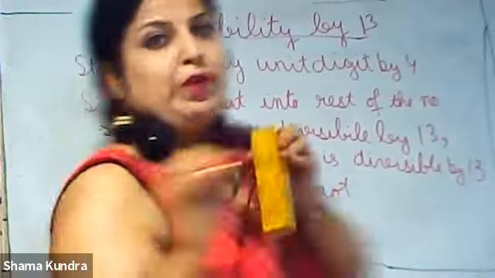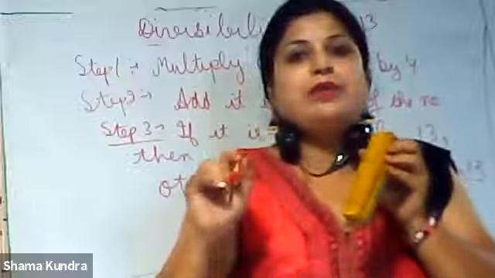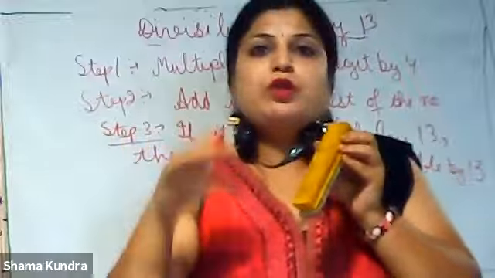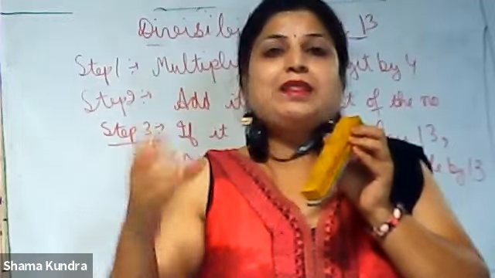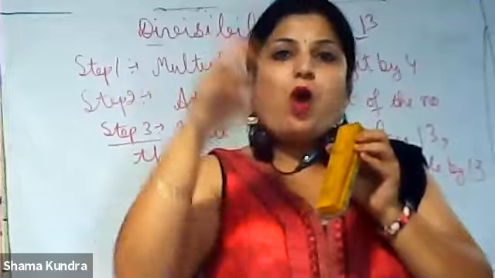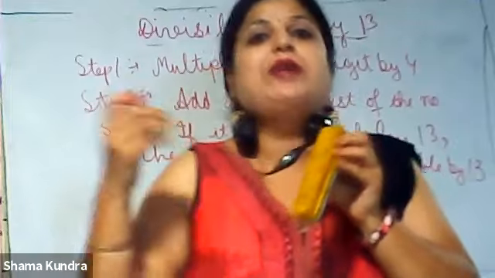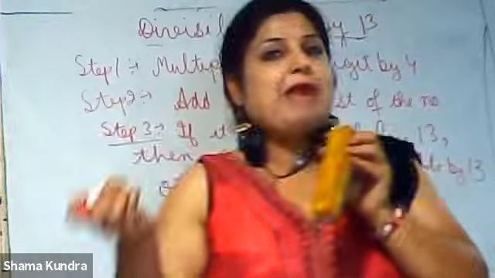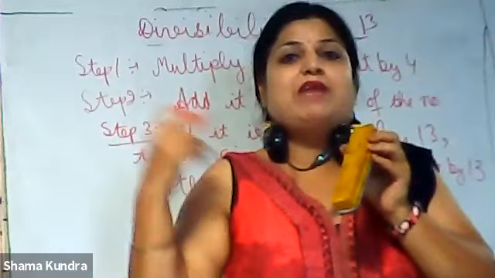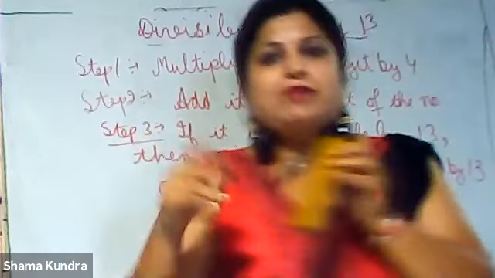What you have to do is, first step is multiply the unit digit with 4. What you will get, add it in the remaining number. On addition, what resultant you will get, if it is divisible by 13, then the given number is divisible by 13, otherwise not.